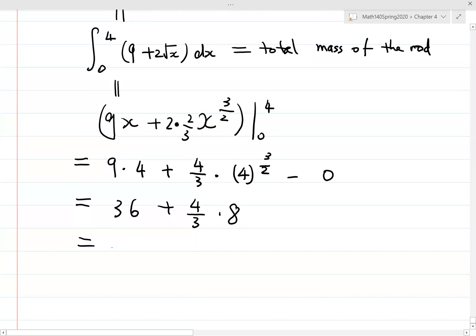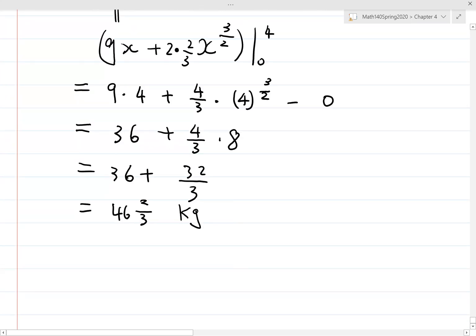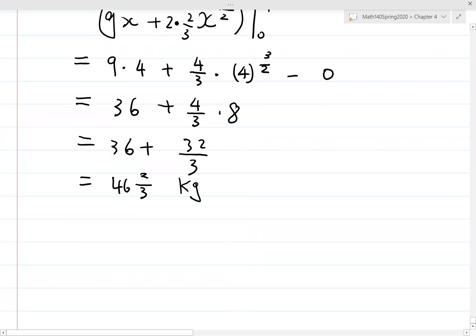So we get 36 plus 32/3, which is 46 and 2/3. Now what's the unit? The unit is kg. It's a really heavy rod, over 40 kilograms.